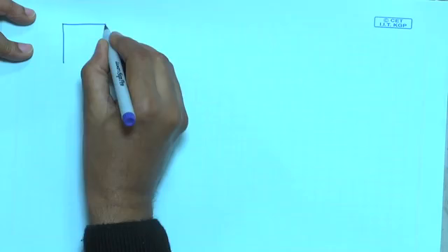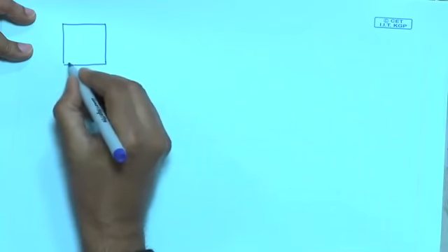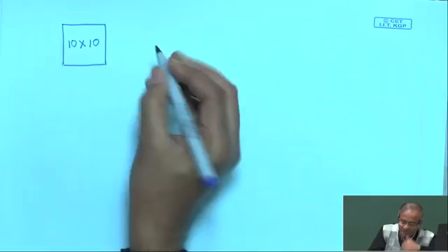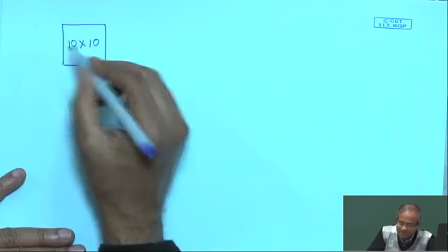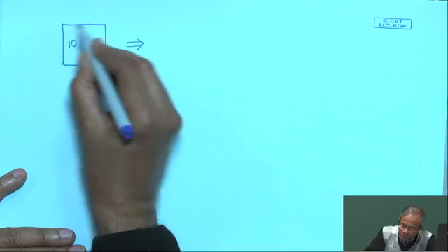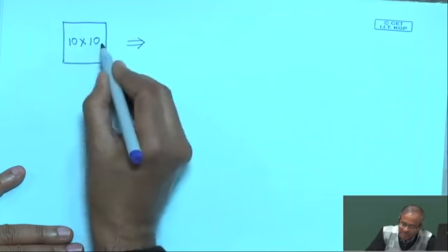For example, I have a block whose area I know is 10 units by 10 units, but its layout is not fixed. So, I can lay it out in so many different ways. I know that the total area is 100 square units.